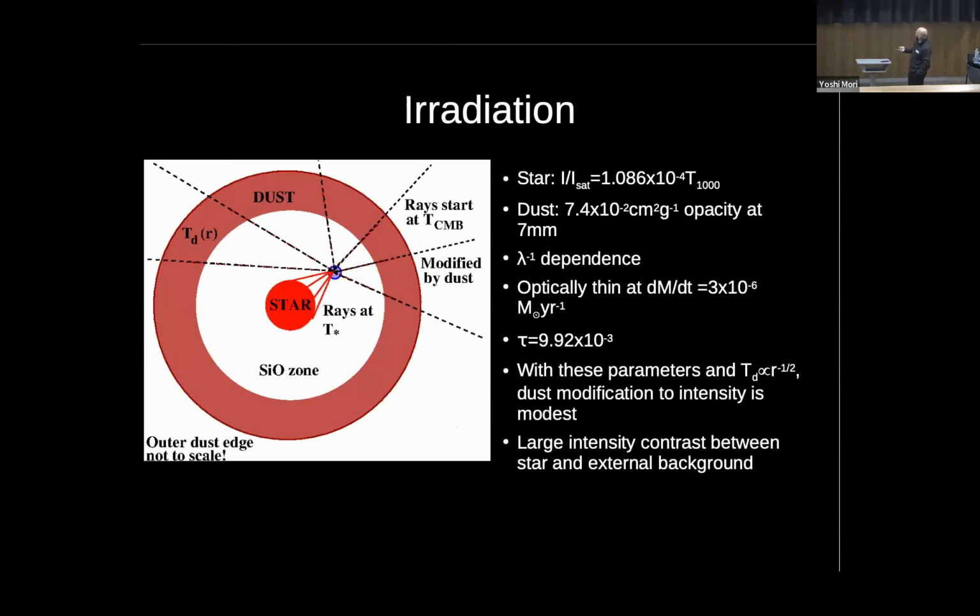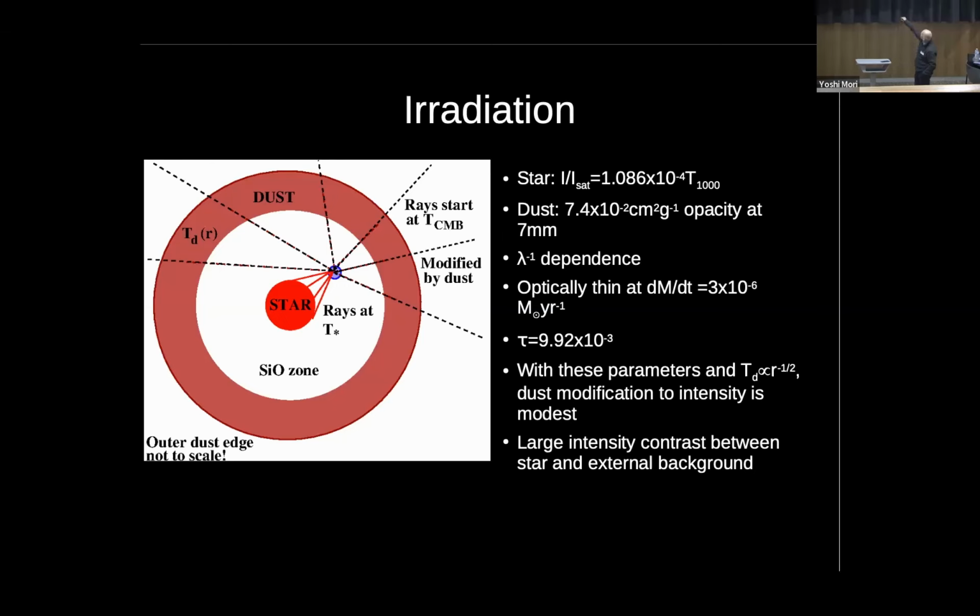So the clouds get irradiated by a background from the star, which has that intensity relative to the saturation intensity. So it's just over 10 to the minus 4 times T in units of 1000 K. The dust has that opacity, that wavelength dependence, and it's quite optically thin, about 10 to the minus 2 at 43 gigahertz.